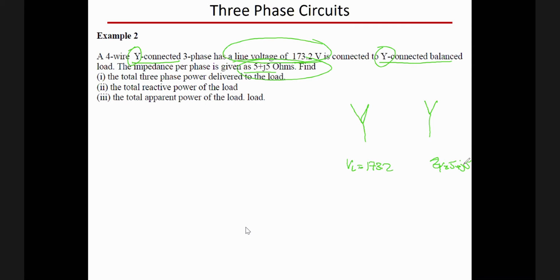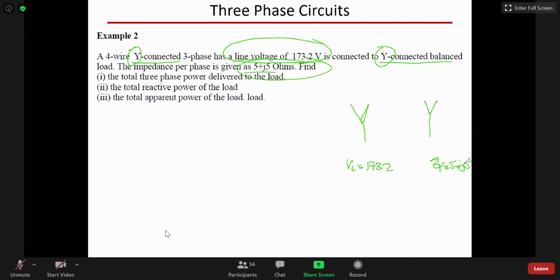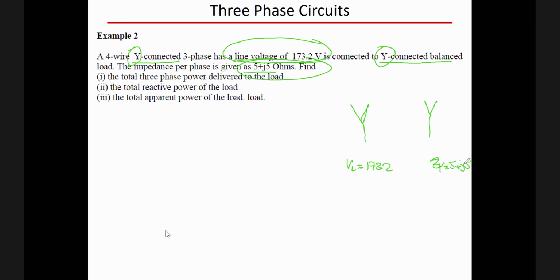So any question regarding this example? Clear? Yes. So what do we need to find? We need to find the total 3-phase power delivered to the load, the total reactive power, and the total apparent power.